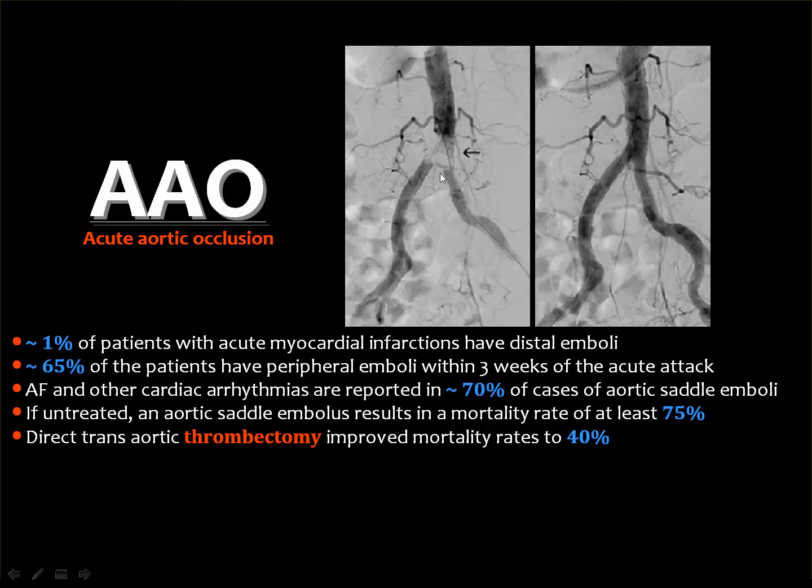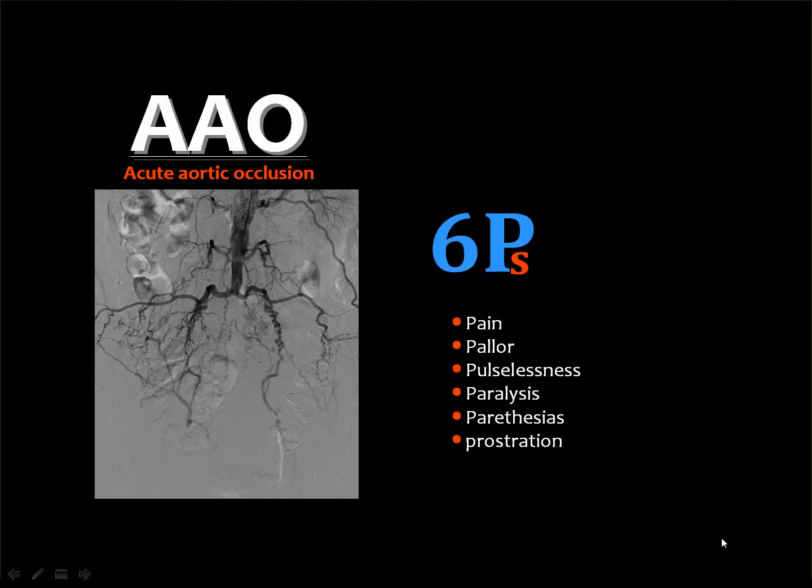acute attack. Then other causes such as atrial fibrillation or other cardiac arrhythmias are reported in 70% of aortic saddle emboli. Then the mortality rate without treatment may reach about 70% of cases, while thrombectomy, either by interventions or by surgery, may improve the mortality rate to about 40%.